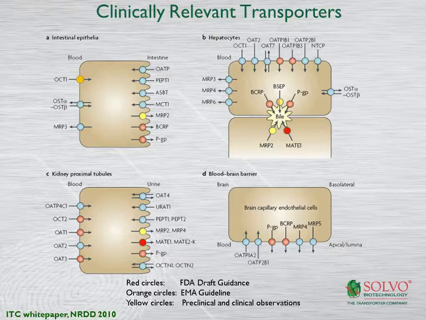As already mentioned by the FDA and EMA, there are the red labeled transporters by the FDA. And since last October, the new draft guidance from the FDA also included MATE1 and MATE2-K, also here for the hepatocytes.